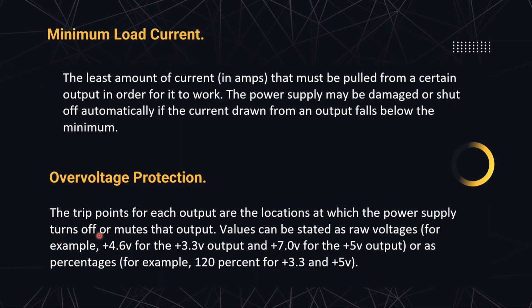Next, overvoltage protection. The trip points for each output are the locations at which the power supply turns off or mutes that output. Values can be stated as raw voltage, for example, positive 4.6 volts for the positive 3.3 volt output and positive 7.0 volts for the positive 5 volt output, or as a percentage, for example, 120% for positive 3.3 and positive 5 volts.